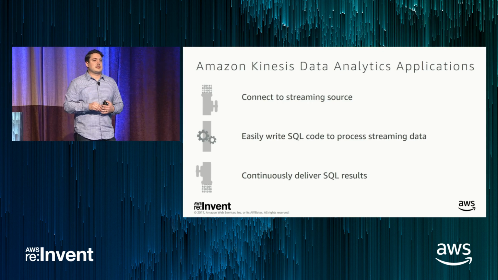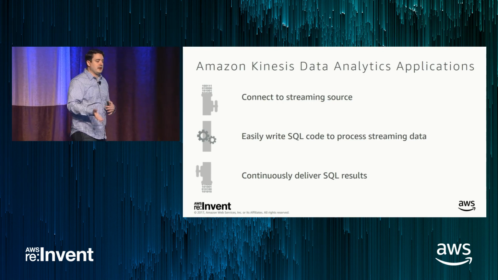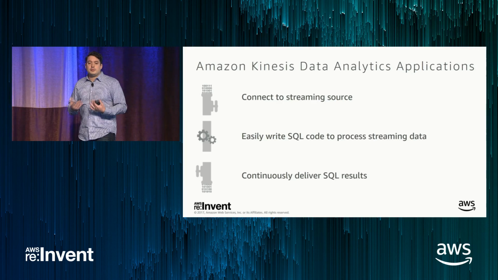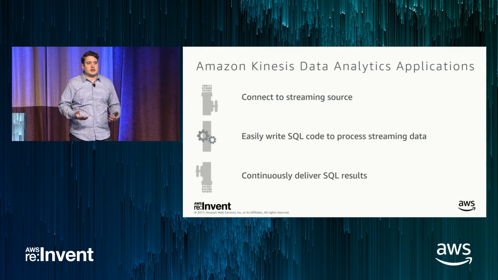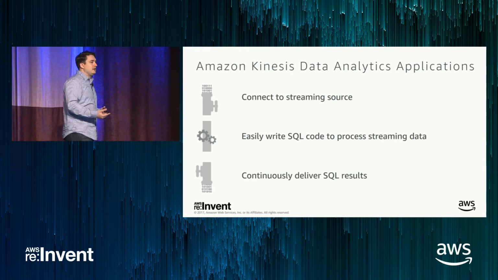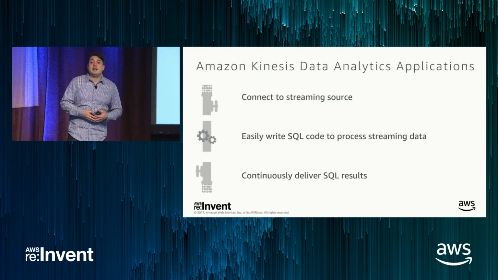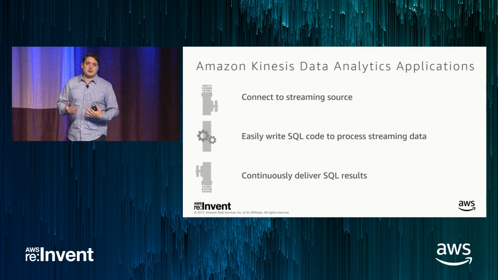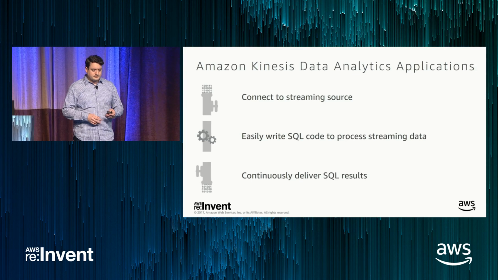In the two examples that I provided previously, in aggregating data before a database, either an operational or a reporting database, you would deliver those results to, say, a MySQL database, a DynamoDB table, that type of thing. In the responsive data analytics, you would send it to, say, Amazon SNS, maybe even another Kinesis stream, to react to data or to do further processing before you complete your processing on that data.